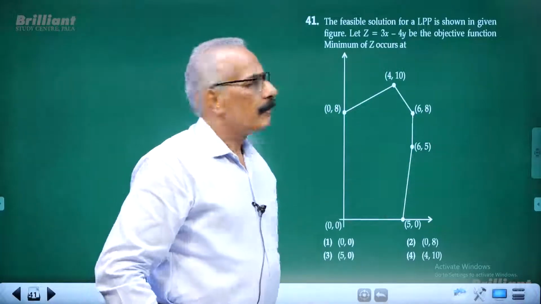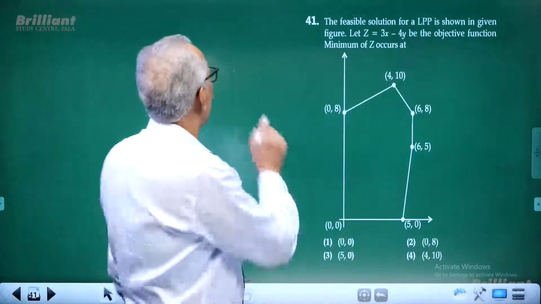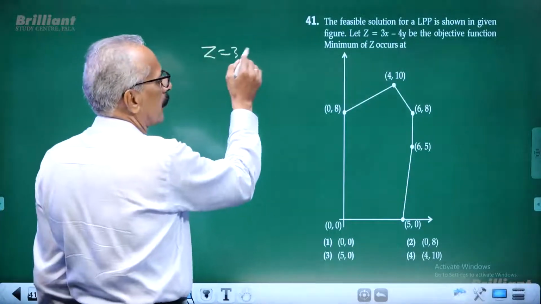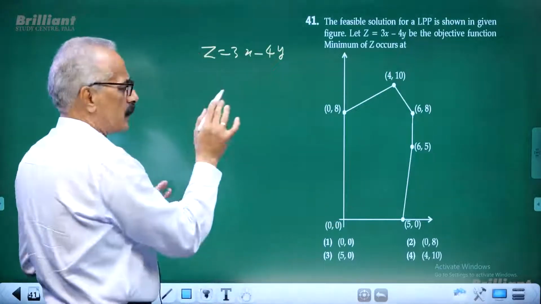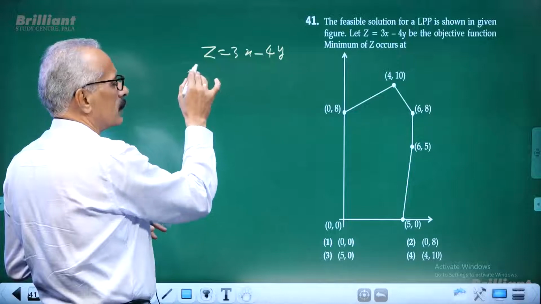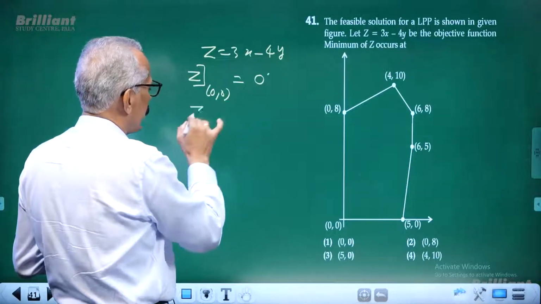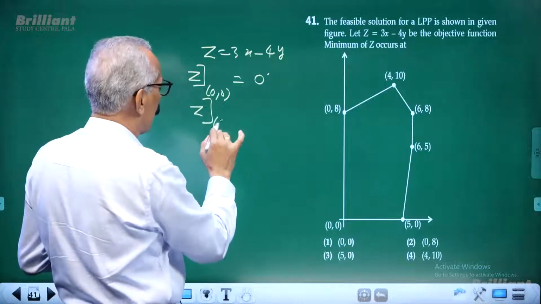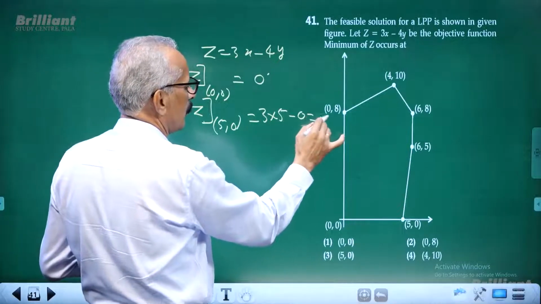The feasible solution of LPP is shown here. Your Z is equal to 3x minus 4y. No point of wasting time. At 0, 0 it is 0. At 5 comma 0 it is 3 into 5 minus 0, equal to 15.